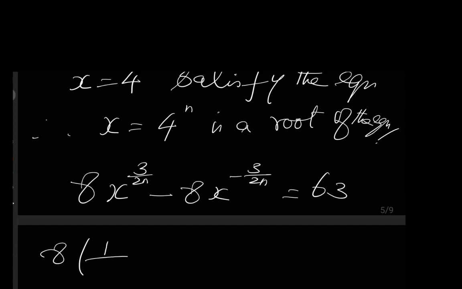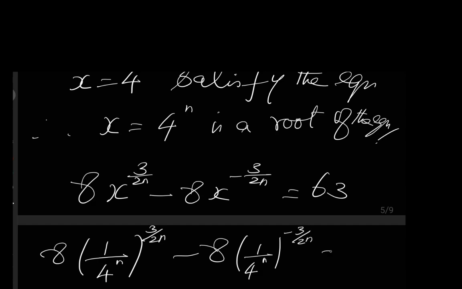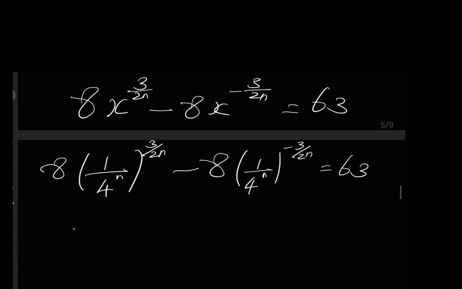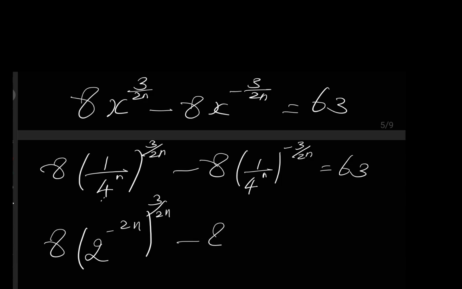So 8 into 1 by 4 power n, power 3 by 2n, minus 8 into x, where x is 1 by 4 power n, power minus 3 by 2n. Just check whether you are getting this. What is 4 power n? 2 squared, that is 2 to the power of minus 2n, whole power 3 by 2n, minus 8 into 2 to the power of minus 2n, the whole power minus 3 by 2n.